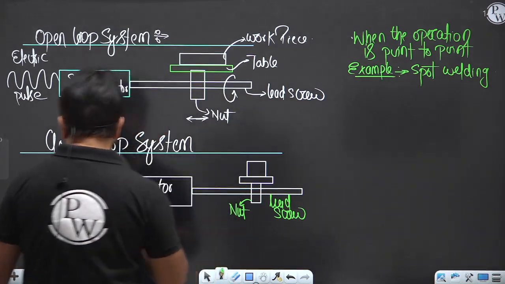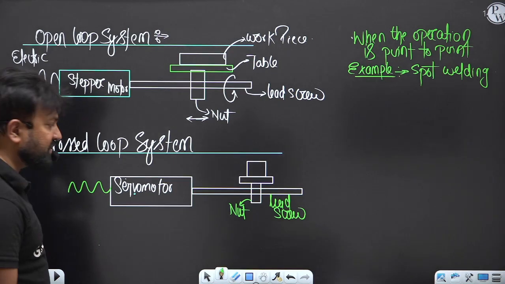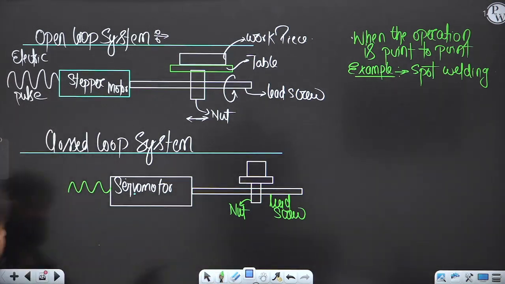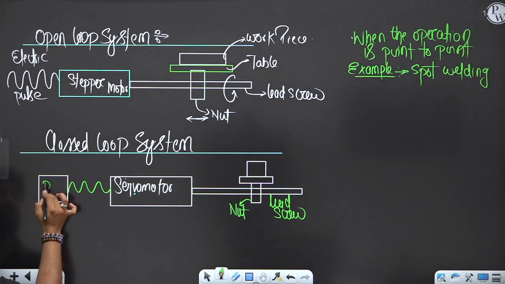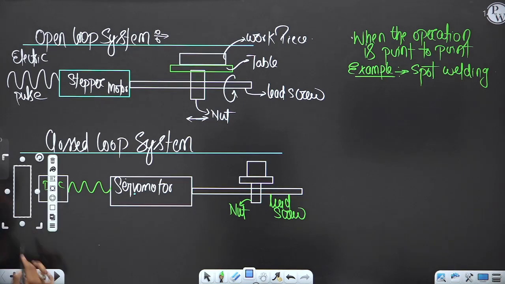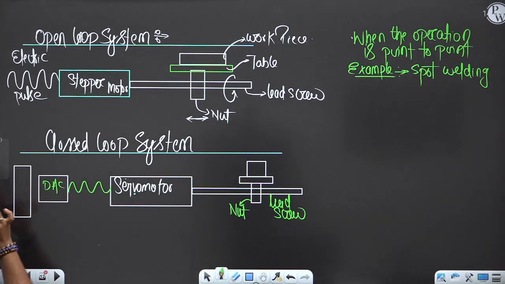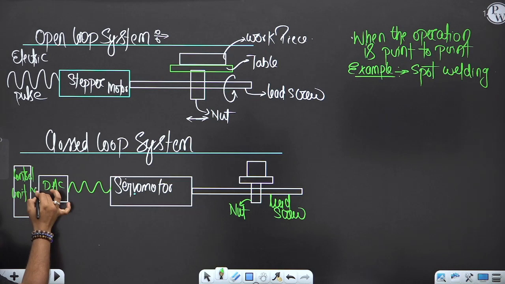When the servo motor receives the electrical pulse from the main unit, there is a converter also, which is called DAC. This DAC is attached to the control unit or a comparator. This is the control unit.